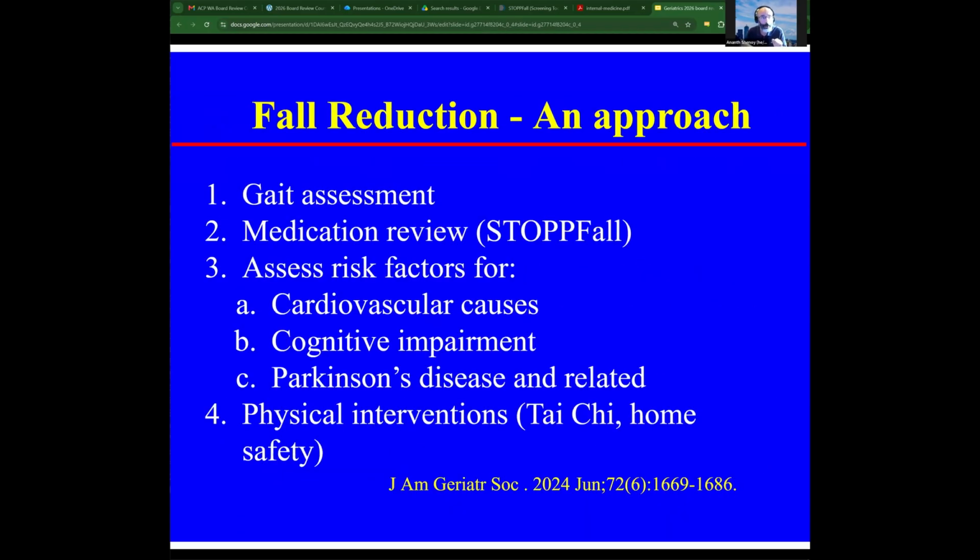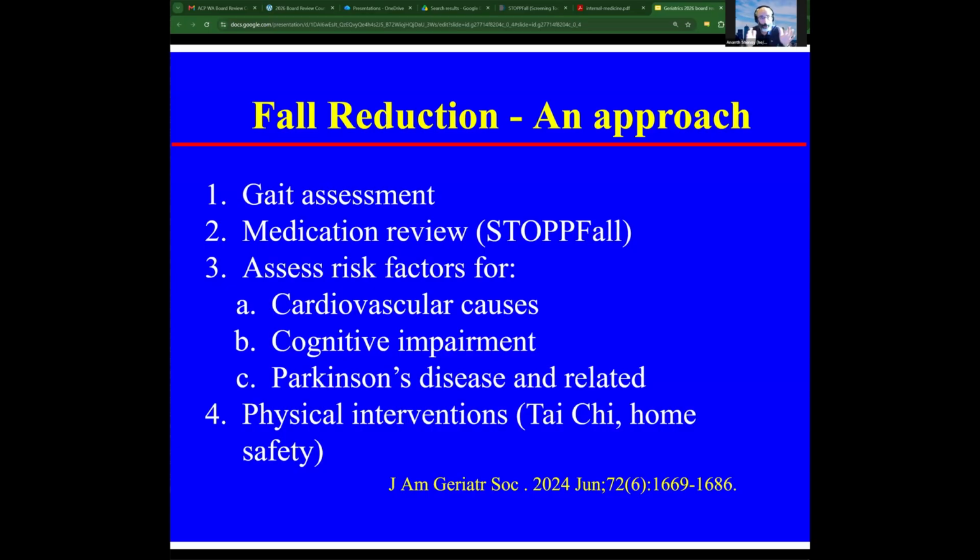So when we think about falls and reducing the risk of falling, in the clinic, hopefully everybody has done a get up and go. We want to think about a gait assessment. We want to look, do they have a tandem gait? Or are they shuffling? Does it look like they have difficulty picking up or lifting their feet? Then we want to look at medications. STOP Falls again is a nice tool for doing this.